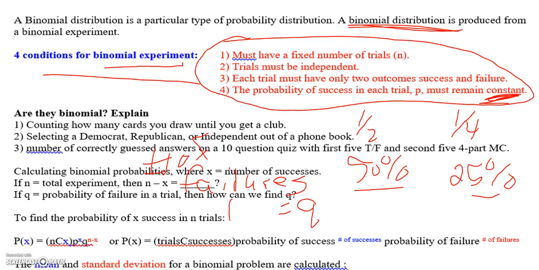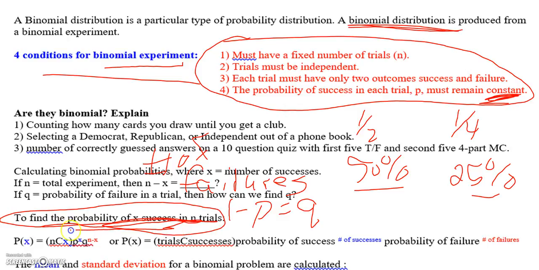It would equal 1 minus the probability of successes, which is P. So 1 minus P would equal Q. To find the probability of X successes in N trials, this is a formula that you're going to use to set up the probability distribution.